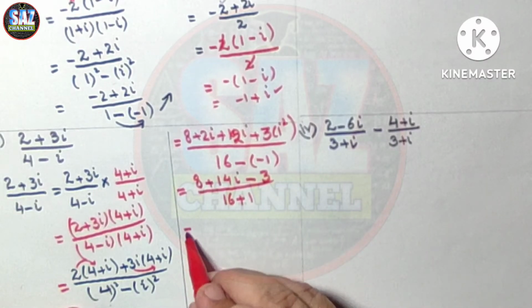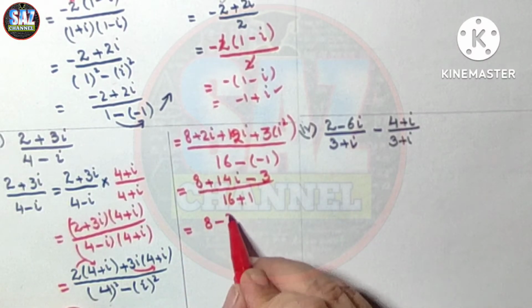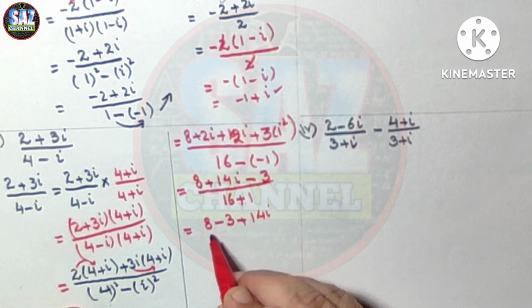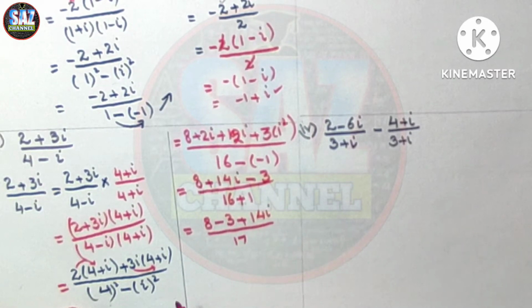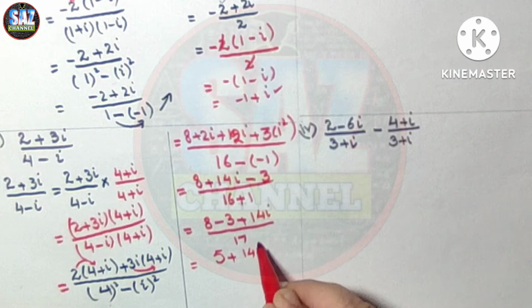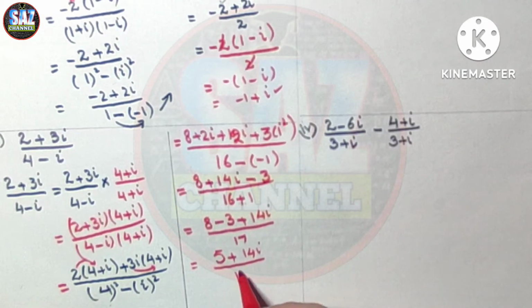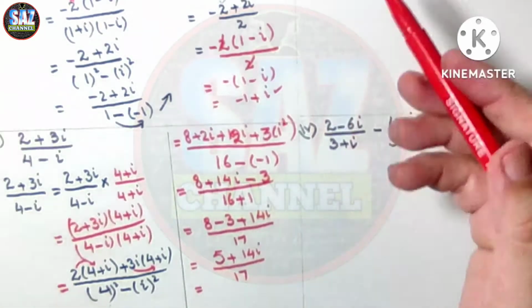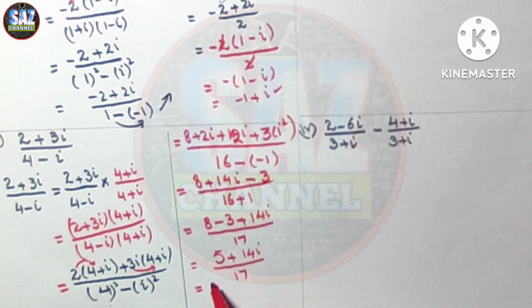Now, what we have to do is 8 minus 3 plus 14 iota upon 17, 8 minus 3 is 5 plus 14 iota by 17, or what we can do is that I have to write it in form of a plus iota b, 5 by 17, 14 by 17 iota.